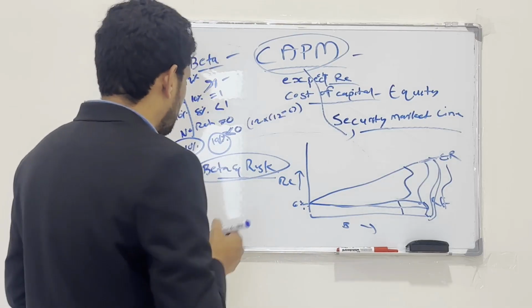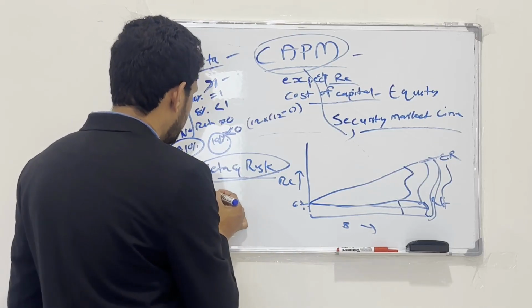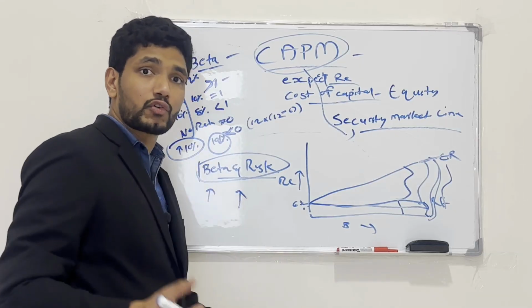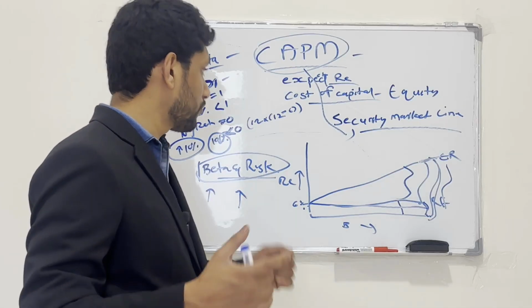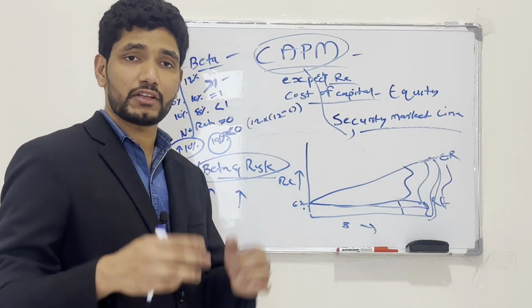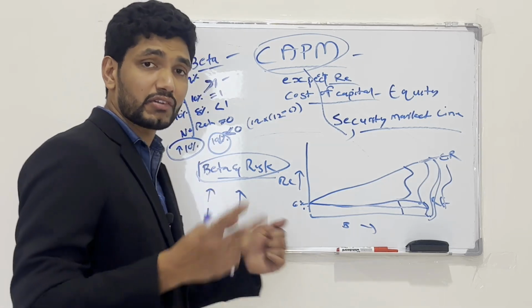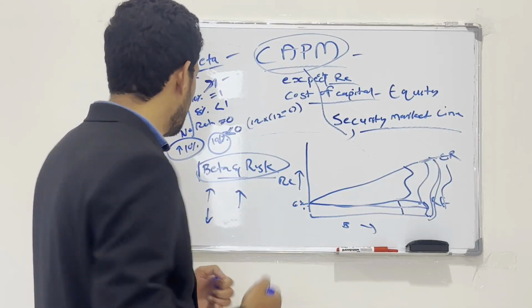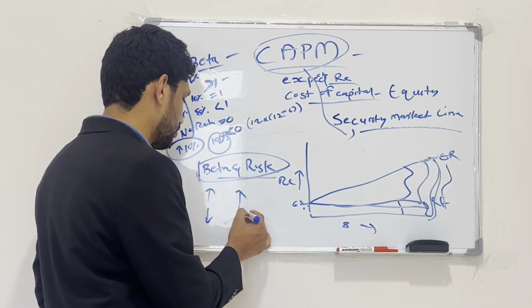If beta is increasing, obviously the risk is also increasing. If you select a stock with the highest beta, you are selecting a stock with the highest risk. If you select a stock with the lowest beta, you are selecting a stock with the lowest return.